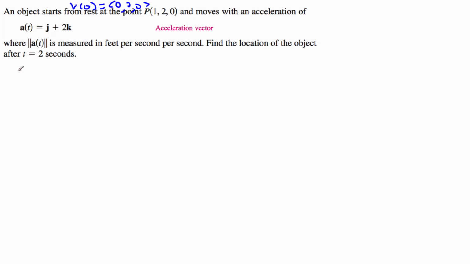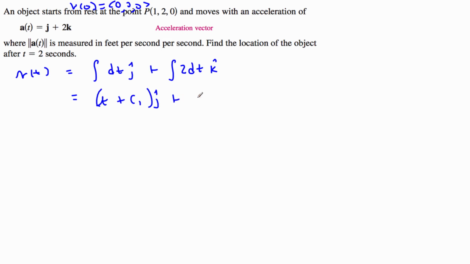So if I start with acceleration, the velocity is going to be the integral of this. So it's going to be the integral of dt in the j direction plus the integral of 2 dt in the k direction. So this is t plus a constant in the j direction plus 2t plus a constant in the k direction.